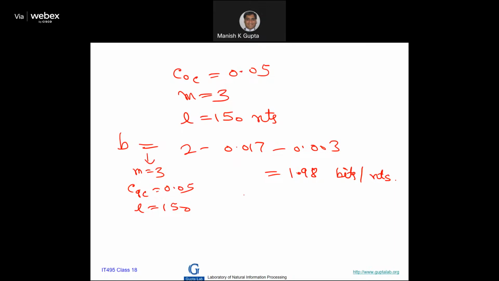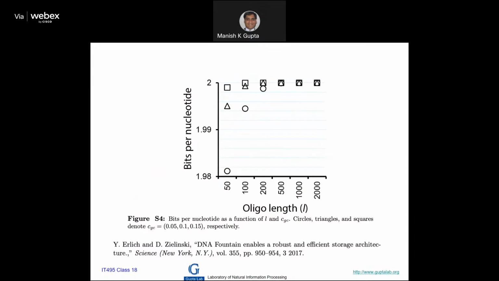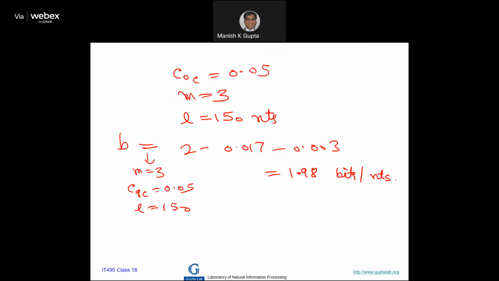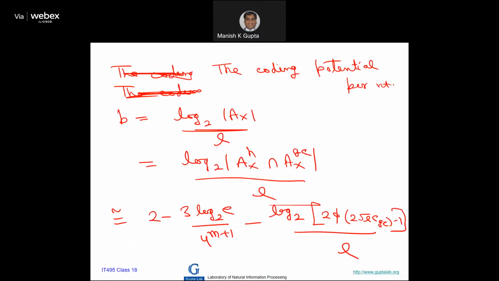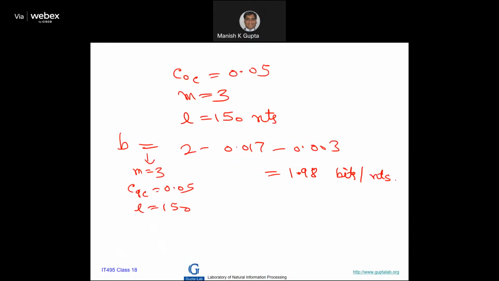Now, with different choices, I would again invite you to try to vary these values in this formula, M, GC, and so on. Maybe you need to write a program to compute this, and just vary these values so that you can get the corresponding coding potential.